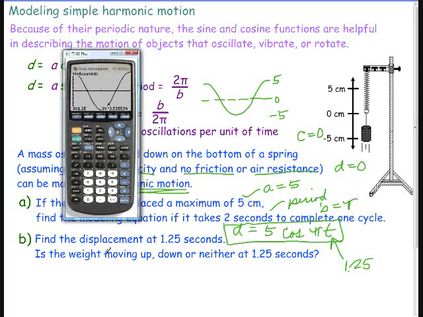And that tells me at that point it is -3.53, but I can see on my graph, is it moving up or down? It's moving up. Find the displacement.